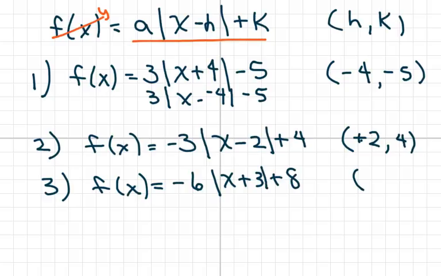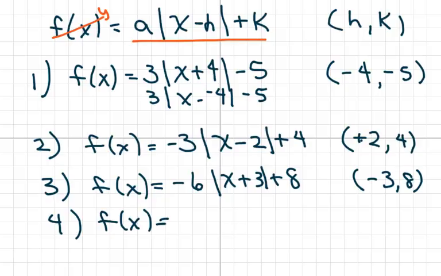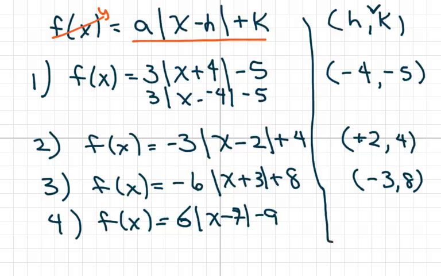And my vertex is at (-3, 8). And the last one would be f of x equals 6 times absolute value of x minus 7, minus 9. These are my vertexes here, and that would be (7, -9).